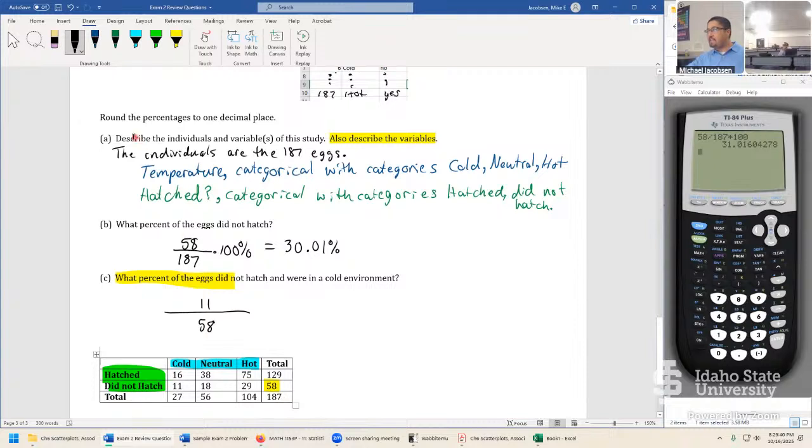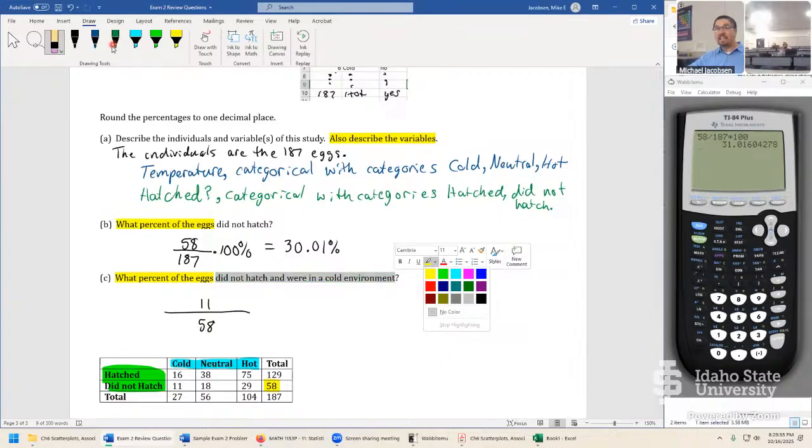That's talking about the 187 again. So same kind of issue right here. Let me see if I can highlight this in a little bit better way. What percent of the eggs, and the condition we're studying is did not hatch and were in a cold environment. No, I think that's right. Thanks for pointing that out. I think I did it correct the first time I looked at it.